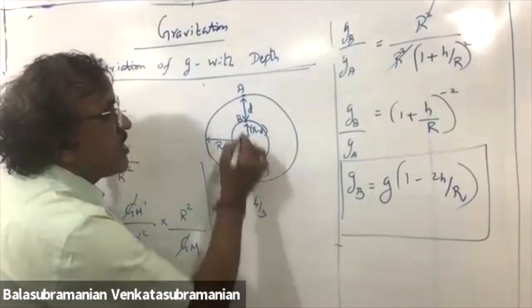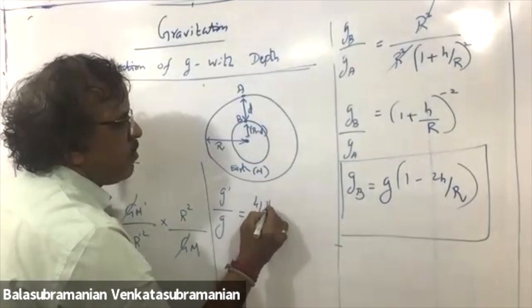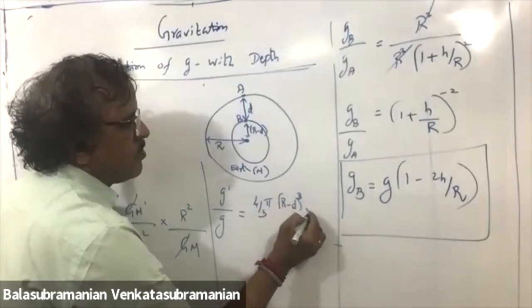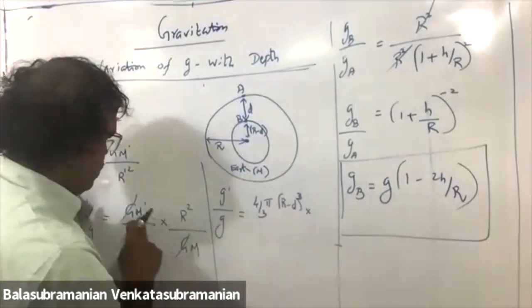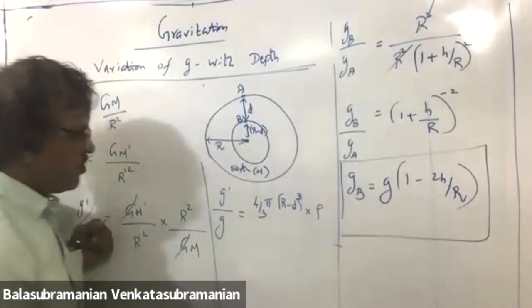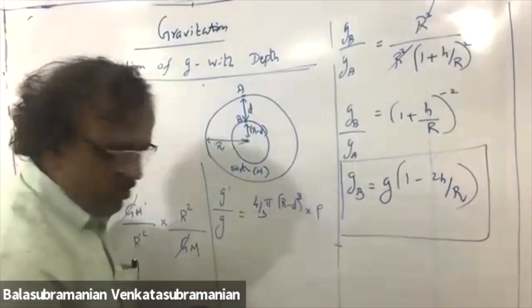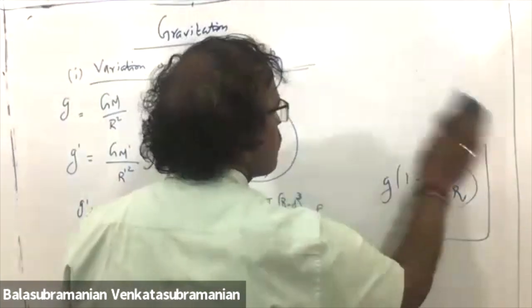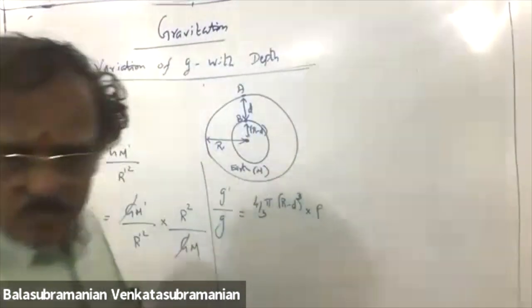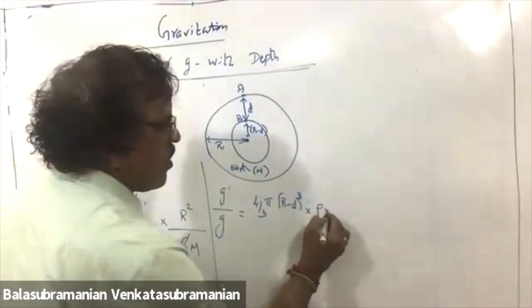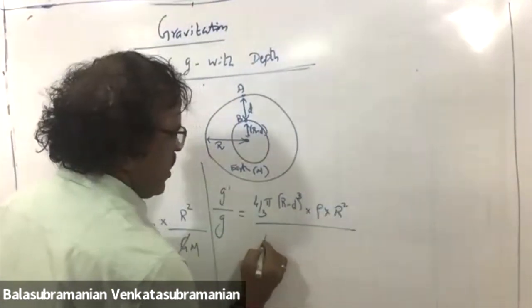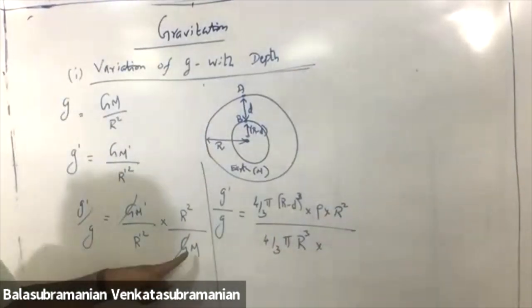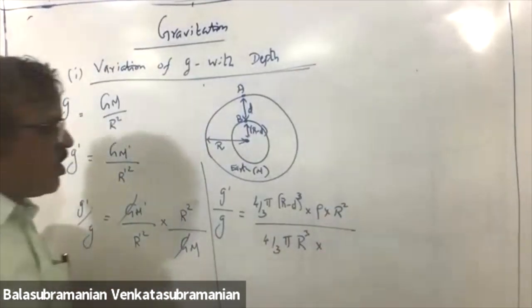Volume is 4 by 3 pi (R minus d) the whole cube, into density rho, into R square, divided by 4 by 3 pi R cube rho into R dash square.